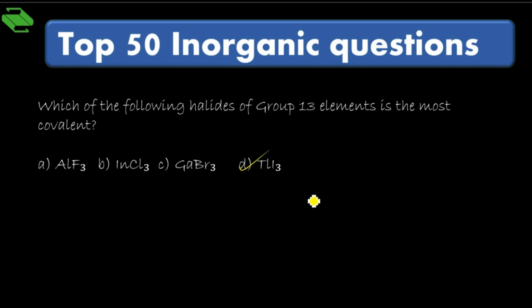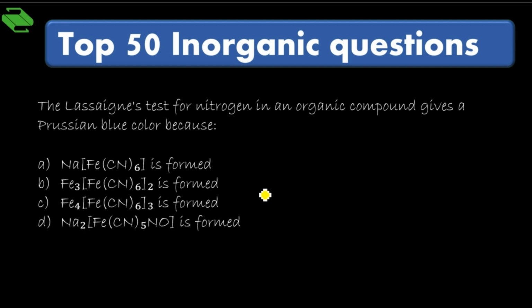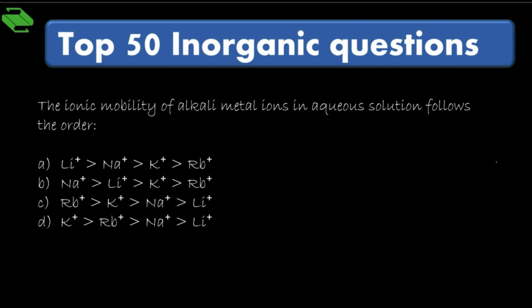So the answer to this question becomes TlI3. Lassaigne's test for nitrogen in an organic compound gives the Prussian blue color because of which coordination compound has been formed. So this I have told you so many times. It's because of the coordination complex in option C.